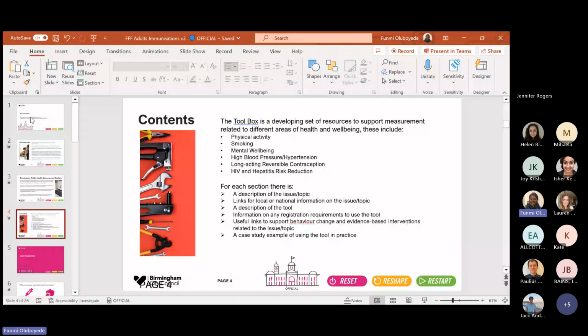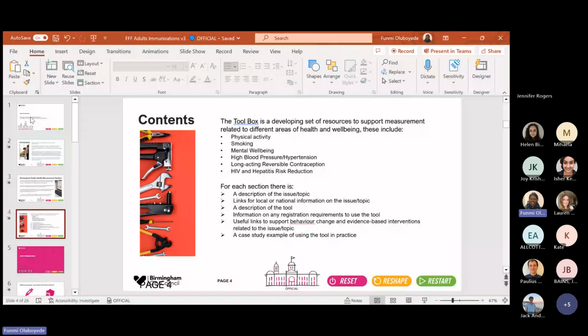So the Toolbox is being developed, and it's a set of resources that support measurements related to different areas of health and well-being, and these include, but are not limited to, physical activity, smoking, mental well-being, high blood pressure or hypertension, long-acting reversible contraception, HIV and hepatitis risk reduction, and of course, adult immunisations for today.